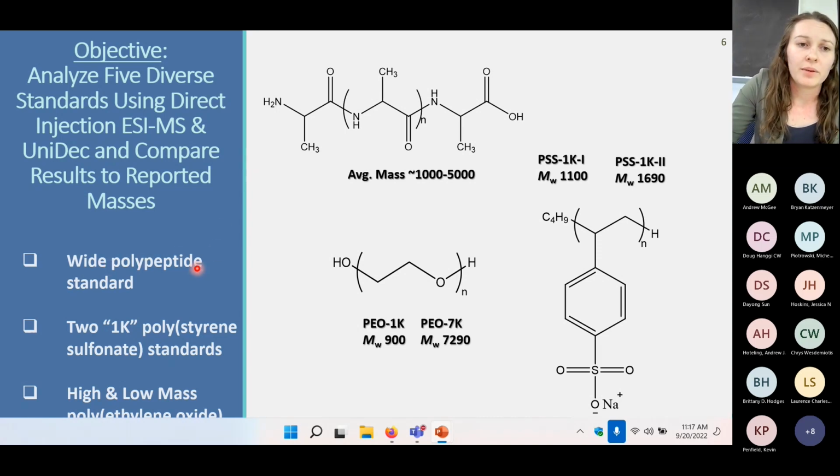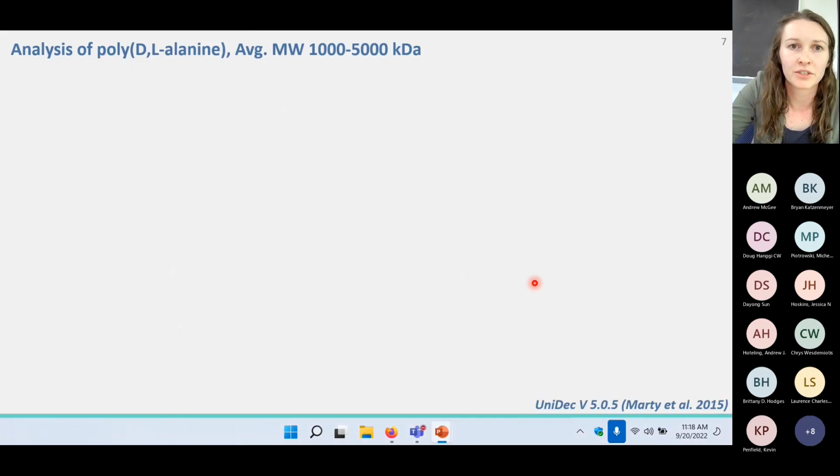Here, I'm looking at the wide polypeptide standard of polyalanine, 1 to 5,000 daltons, and then polyethylene oxide ranging from 1 to 7K, so 2 different standards, a low and a high mass, as well as a polystyrene sulfonate that's sold as 1 kilodalton, but from 2 different manufacturers, so it differs by about 500 or a couple of monomers. I felt these were 5 good, diverse standards to utilize the application on homopolymers.